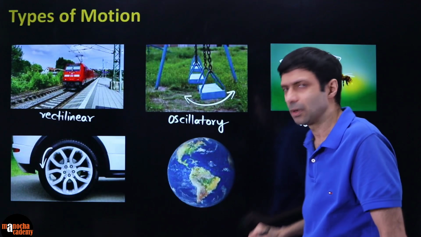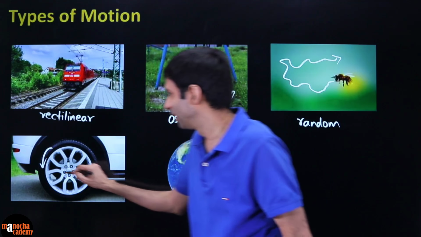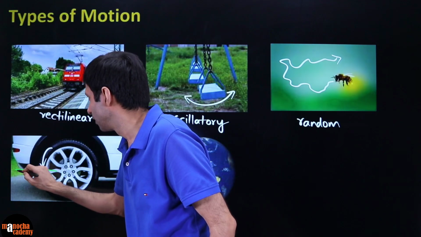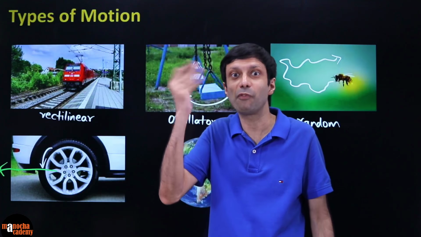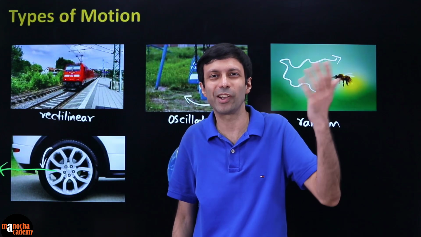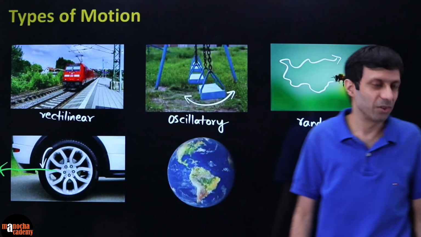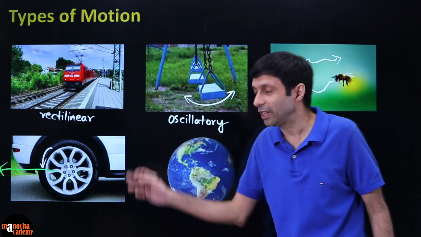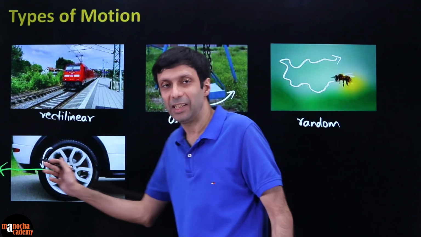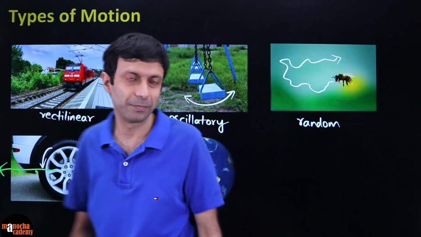Yes? Otherwise there is no use of getting the car. If it's only rotating, then that wheel will become like a fan. A good example of rotatory motion is a fan. But the wheel is rotating and moving ahead. So it is both rotational motion and linear motion or rectilinear motion here.